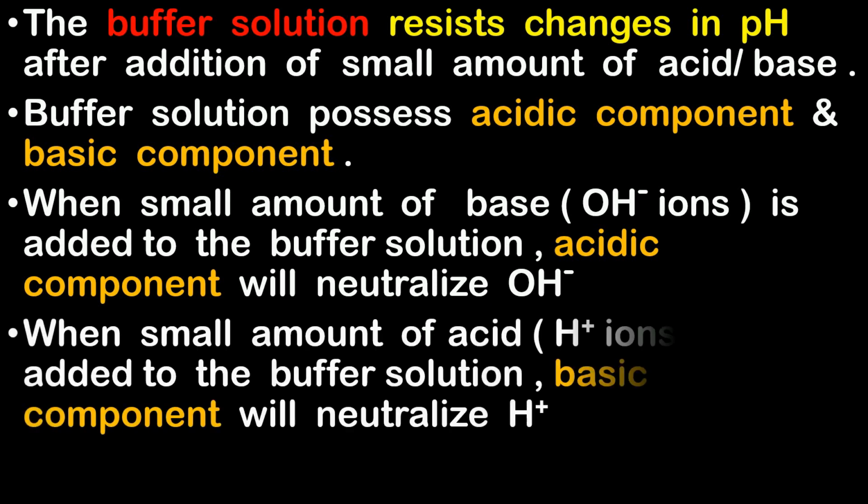And if you add a small amount of acid, you are ultimately adding H plus ions to the buffer solution, and the basic component will neutralize the H plus ions, which means that the basic component will not allow the H plus ions to make the buffer solution acidic.